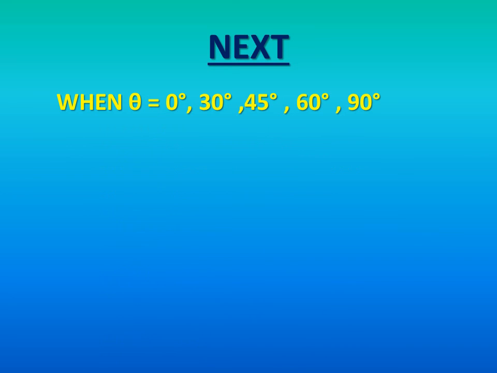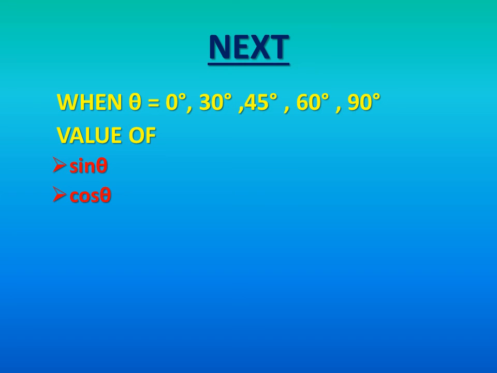In the next video, trigonometry part 3, we are going to study when theta is equal to 0, 30 degree, 45 degree, 60 degree or 90 degree. 90 degree and 0 degree will be hypothetical situations we will be considering. In this, what will be the value of sine theta and cos theta, that means the value of sine 0 degree, sine 30 degree, cos 0 degree, cos 30 degree or cos 45 degree.